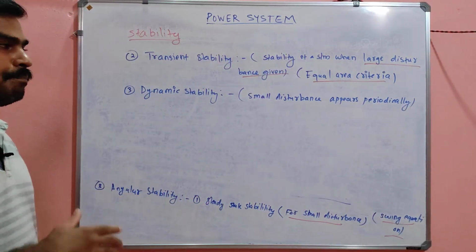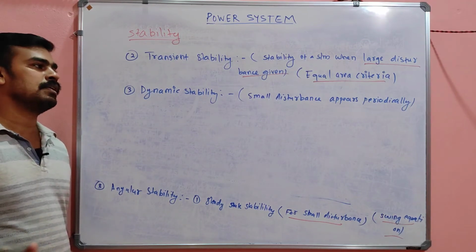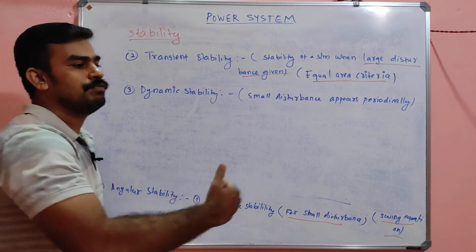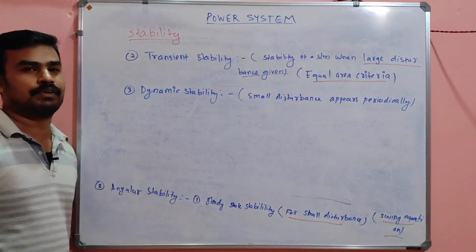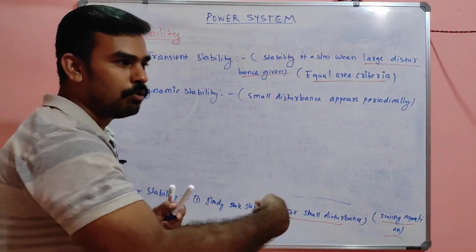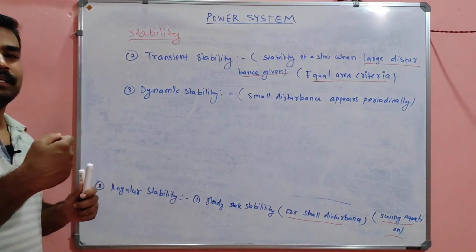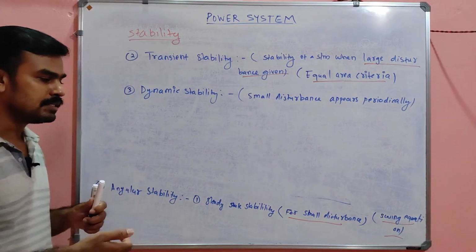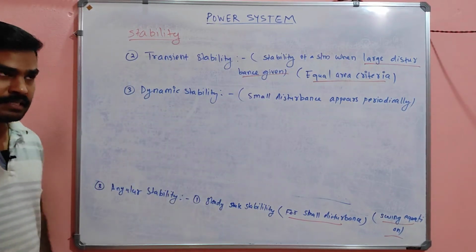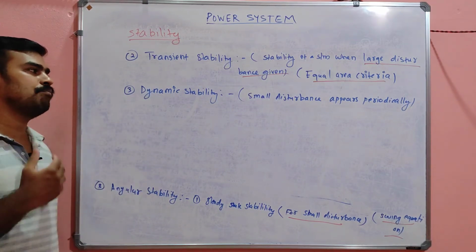A small disturbance appearing is the steady state stability limit. If that small disturbance occurs for consecutive cycles, 3 cycles, 4 cycles, or up to 5 cycles, then it is called the dynamic stability. That means when a small disturbance appears periodically, it is called the dynamic stability.